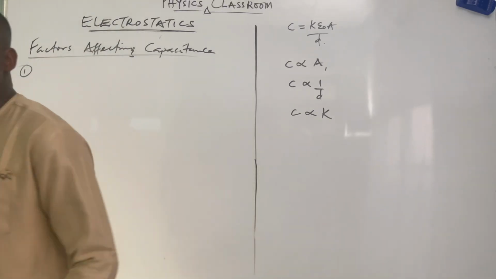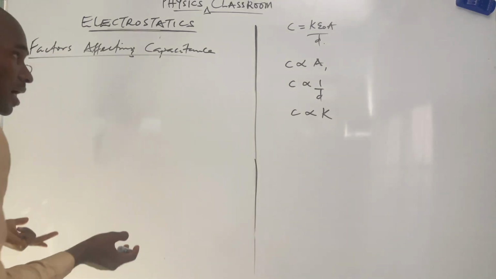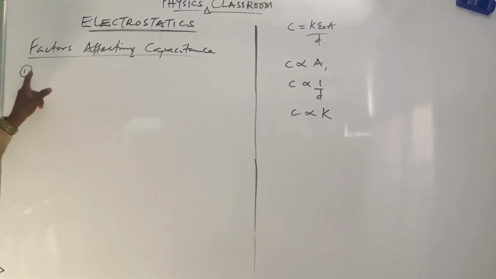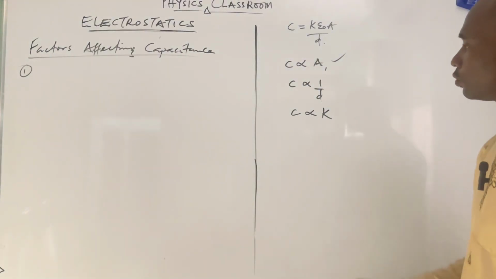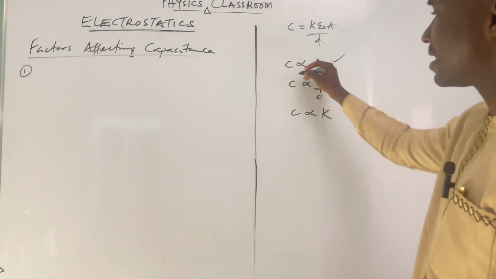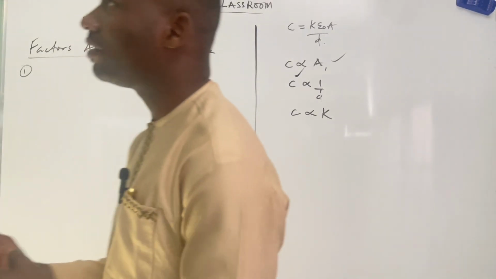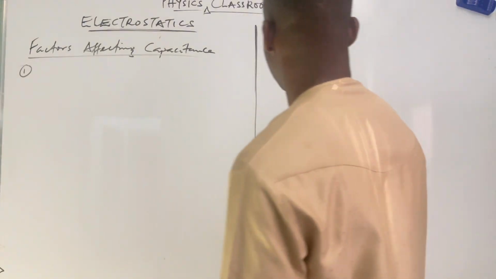So from here, we can say the higher the area, the higher the capacitance. That's number 1. Number 2, the lesser the value of the separating distance, the higher the capacitance.